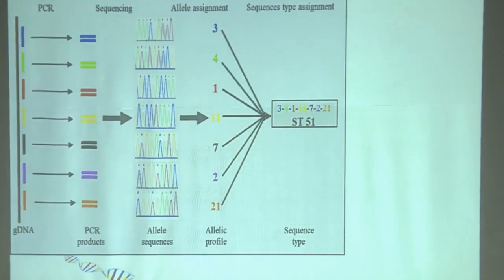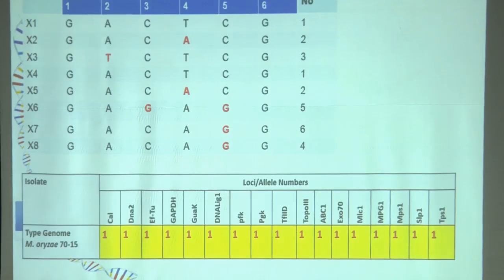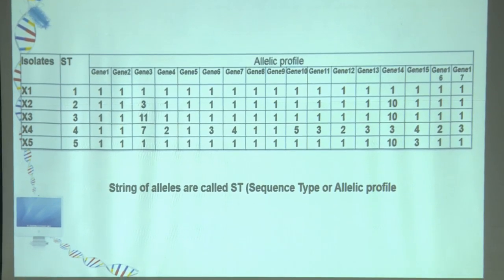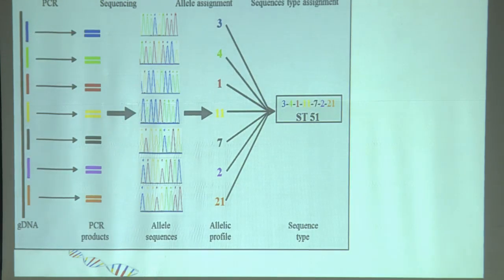Now, how to analyze this data? Can we convert this data into a kind of matrix? Possible? It's a matrix only, right? So what we do, we put all the numbers together in an Excel sheet, right?